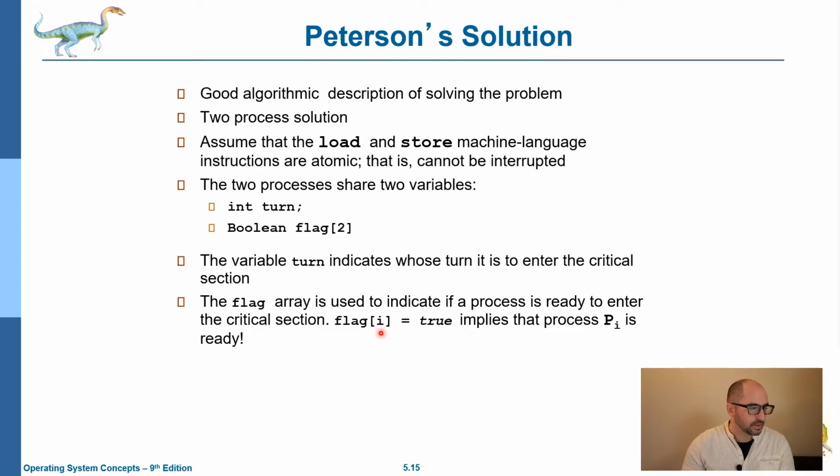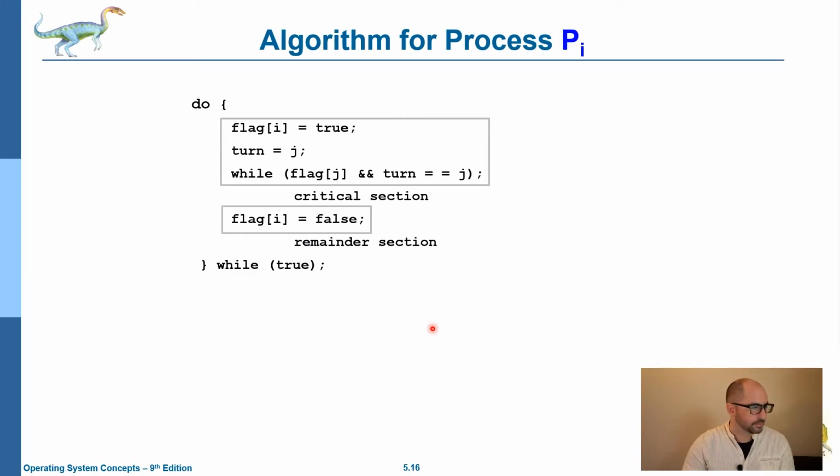So process i sets flag of its process to true, says that process i is ready to enter the critical section. So again, our entry section is here for process i. It sets the flag to true, and then sets the turn to the other process, process j.